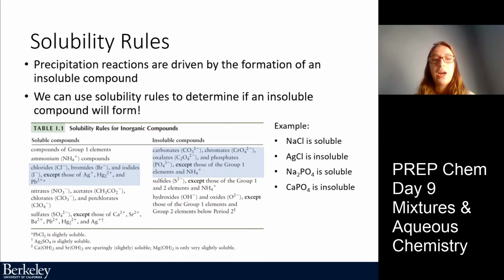On the left, you have rules that determine if something will be soluble. If it falls under the category on the left side of the table, that means your compound will be soluble. And then on the right-hand side, we have all of the insoluble compounds. If your compound falls under one of these rules, then that means that it is insoluble.